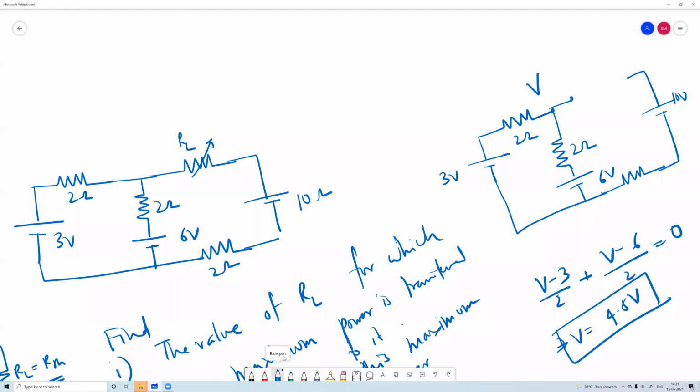Yes, sir, 4.5. Right. Now how to find VTH? Now VTH will be equal to 10 minus 4.5. What about the 2 ohm resistance?